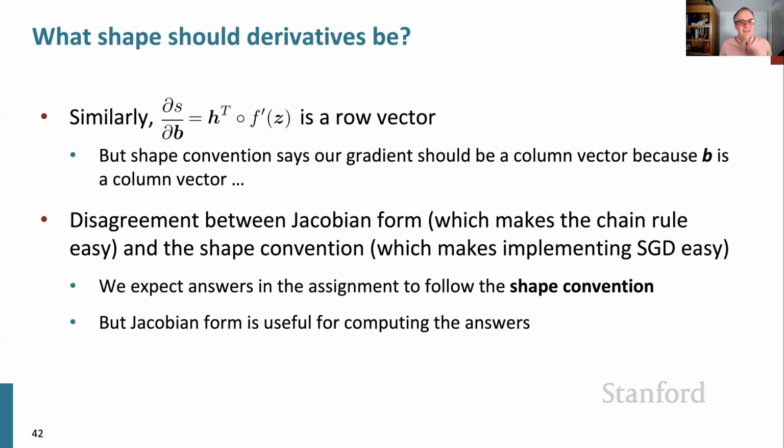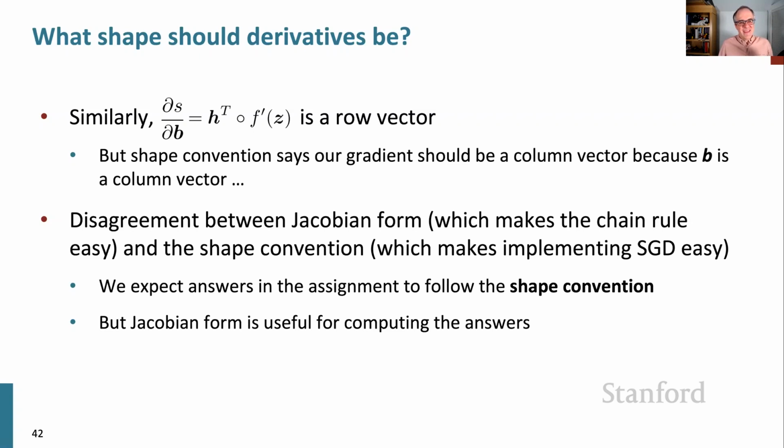First of all, one more example of this. When you're working out dsdb, its Jacobian comes out as a row vector. But similarly, according to the shape convention, we want our gradient to be the same shape as b, and b is a column vector.